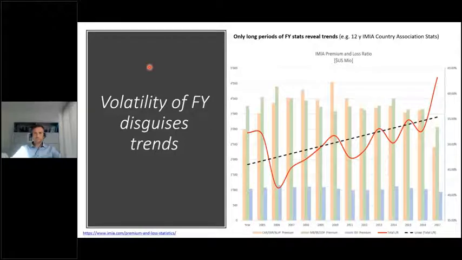So the rate change index showed over many years a clear trend downwards, and the same trend we could see upwards. If you only show a few years, 1, 2, 3 years, you could even believe after 2010 loss ratios went down, and all this volatility is mainly due to financial year logic.